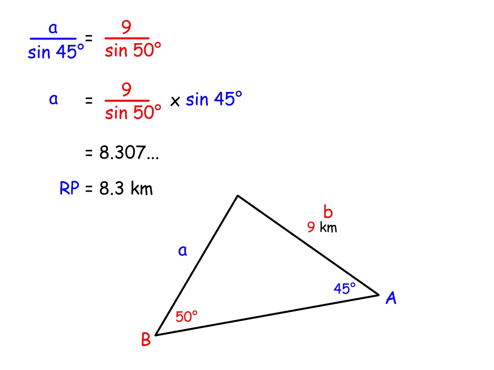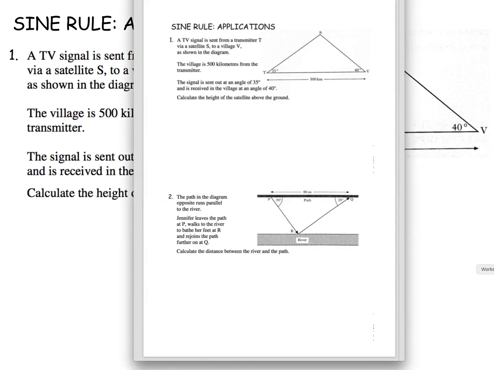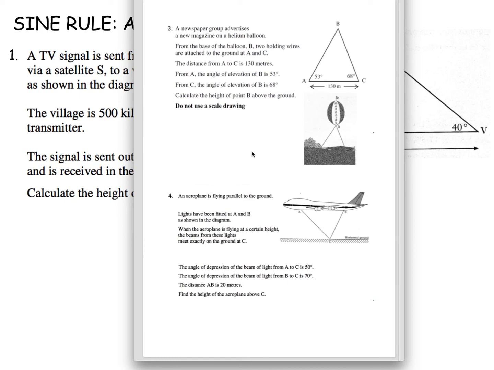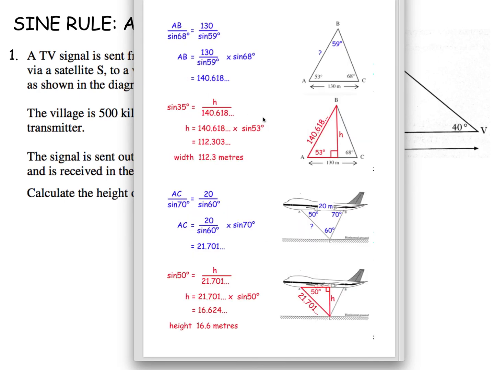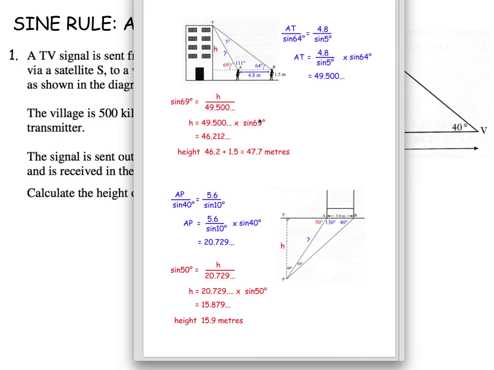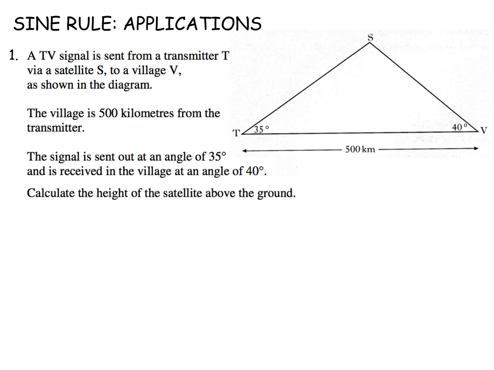I don't want to spend time doing that for everyone, so what I'm going to do is show you there's a worksheet on the first example of applications. There'll be 6 questions, and then there'll be 6 sets of solutions. So you can download that from the link in the description.